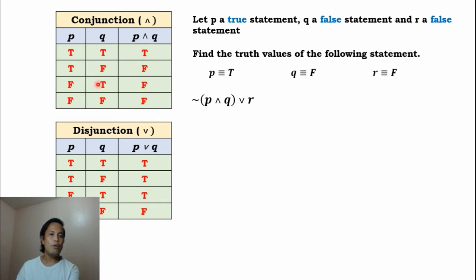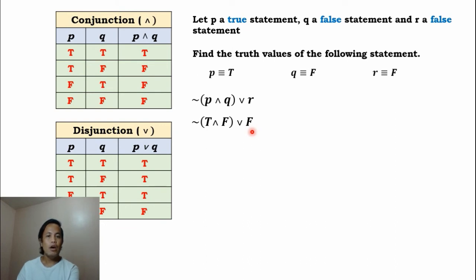First things first, we have P, Q, and R. Of course, we will refer to the truth tables. We have here the truth table for conjunction, and we also have the truth table for disjunction. First, we change the variables P, Q, and R. Our P is true, so we replace it with true. Our Q is false, so we replace it with false. And our R is false, so we replace it with false.